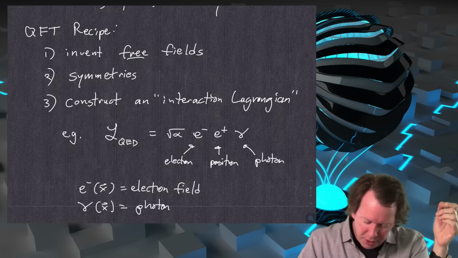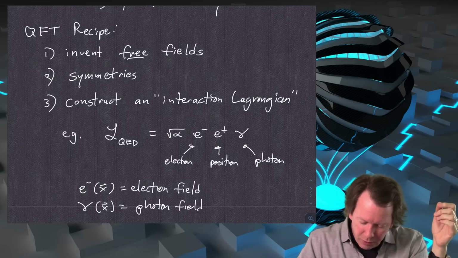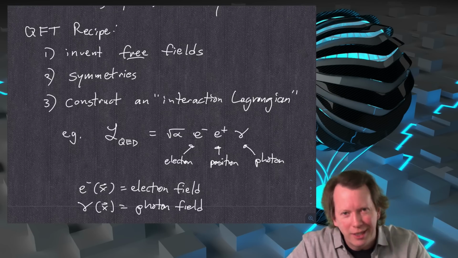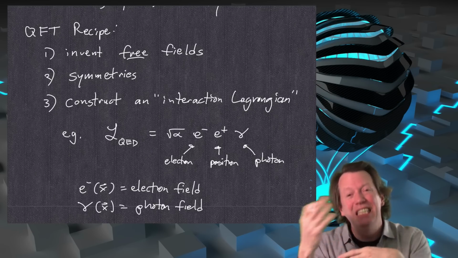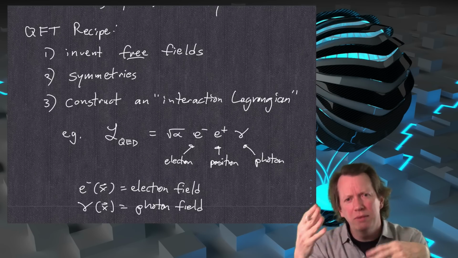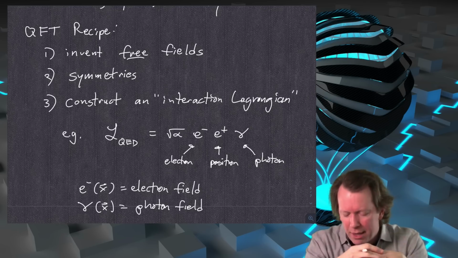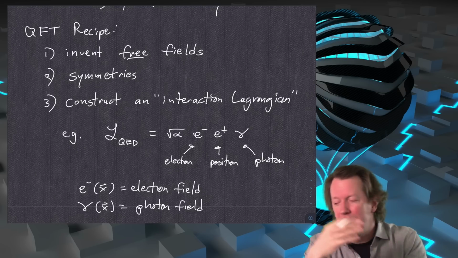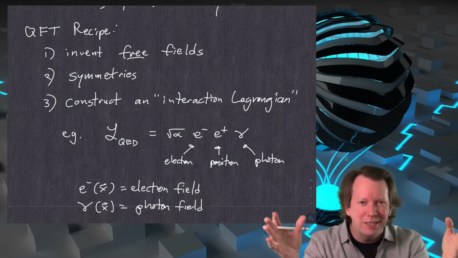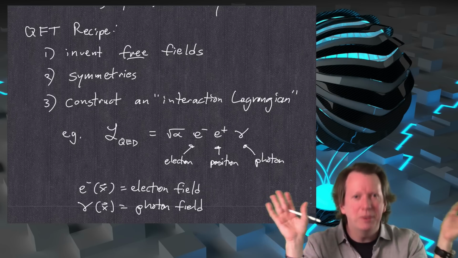And likewise for the positron field. The reason why I'm slyly smiling and saying that it's a simplified notation is that the real photon field is a vector, so it has indices, it has directions, and it's gauge invariant, and there's a whole number of things you need to think about. The real electron and positron fields are spinors, and they have their antiparticles, and there are more indices you have to worry about. But forget about all that. We don't need to worry about that.